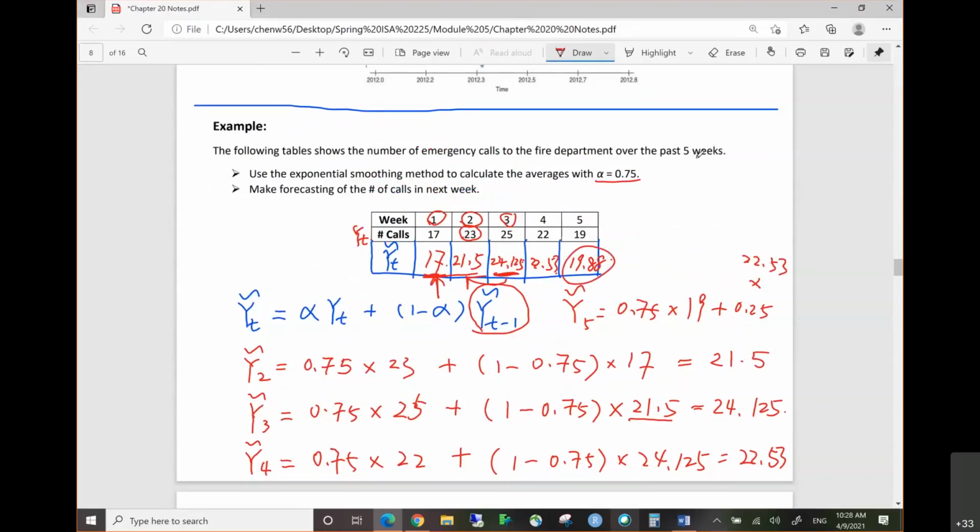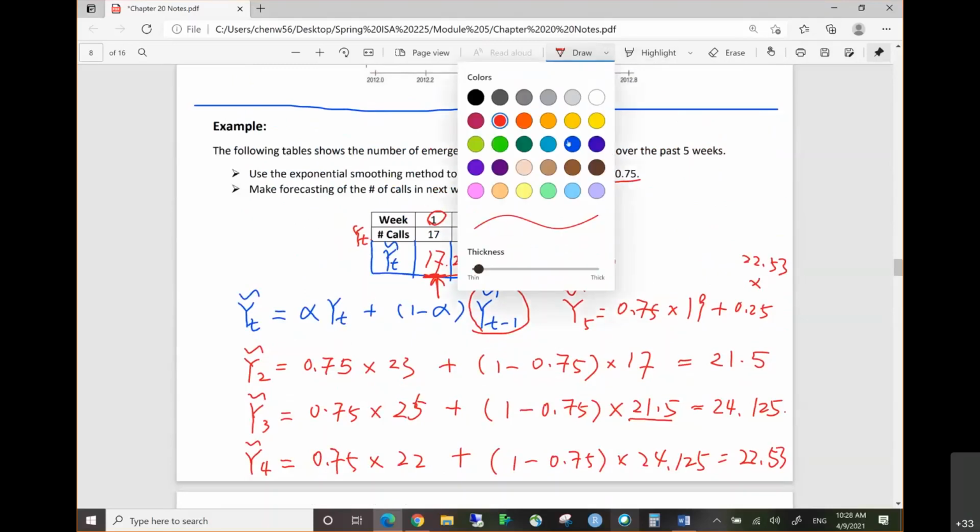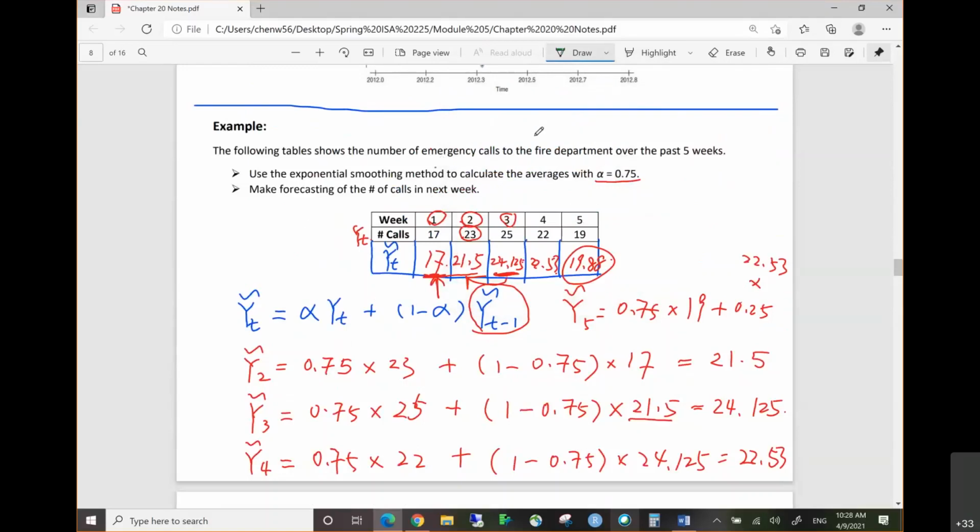All right, and then the same thing. Once we have this estimated value, what is the predicted value? It will be the same step. For the predicted value, we use y hat. To make the prediction for week 1, we would need the estimated value for week 0, but we do not have that, so it is not available for week 1.